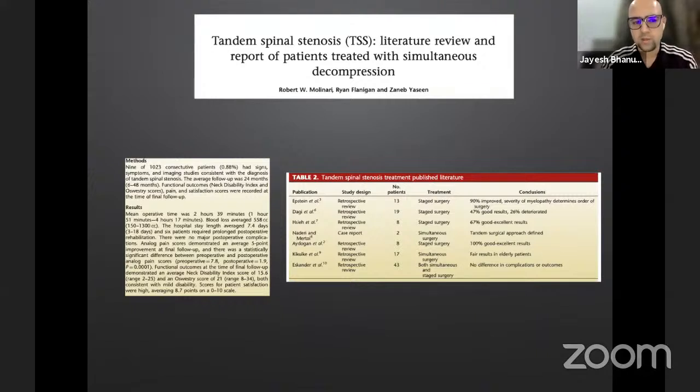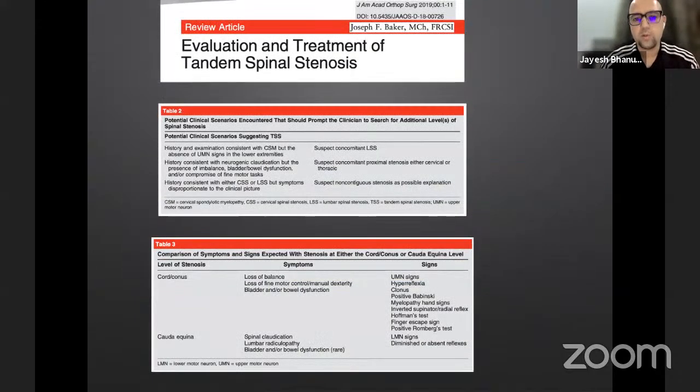In cervical stenosis, the patient has hyperreflexia and no lower motor neuron sign, but with concomitant lumbar stenosis, the lower limb reflexes aren't as brisk as the upper limb when there is a mixed picture. However, in his study, irrespective of both, he did simultaneous decompression and proposed that it gave a good outcome.